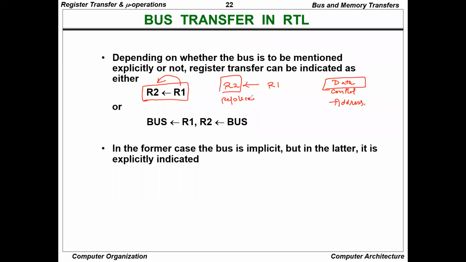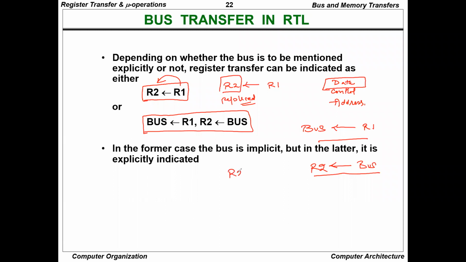That is perfectly all right. But the same thing can actually be written in more detail as shown below. The contents of R1 do not directly go into R2, but instead the contents of R1 are first placed onto the bus, and then the contents of the bus are placed into R2.